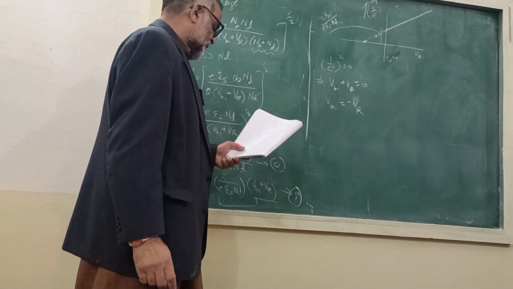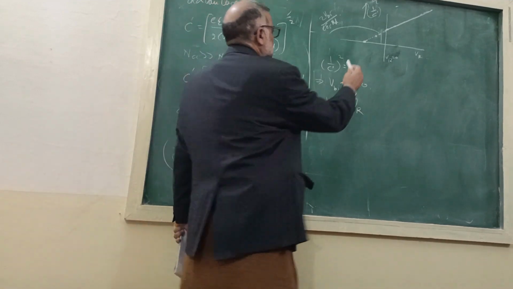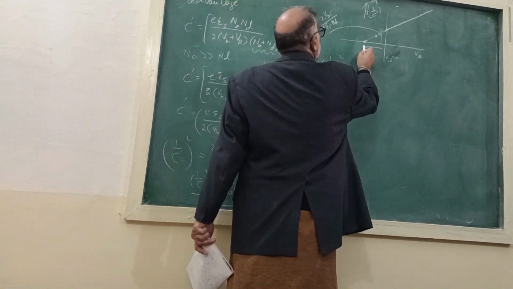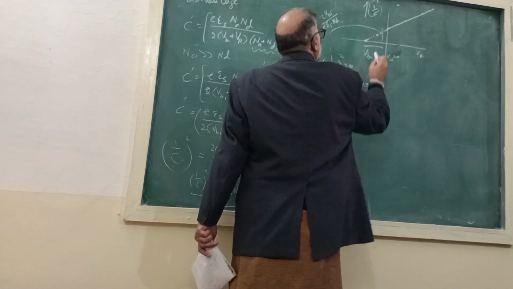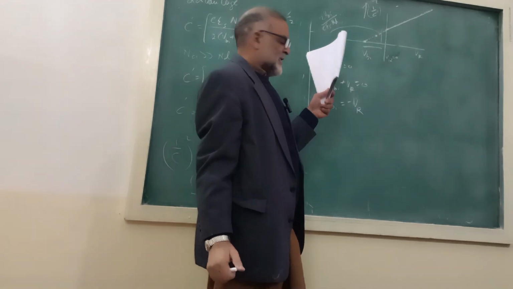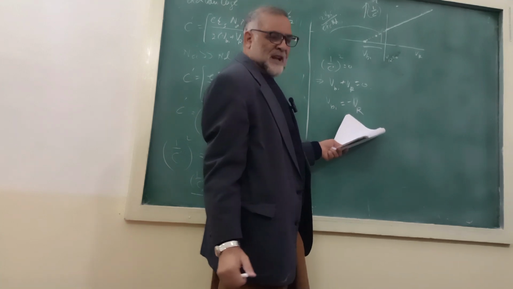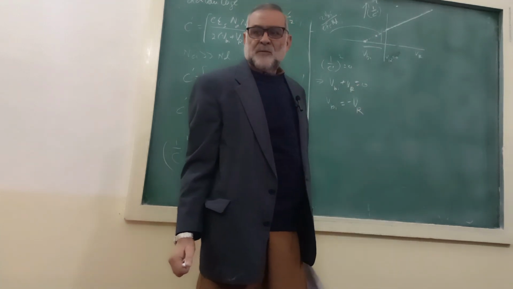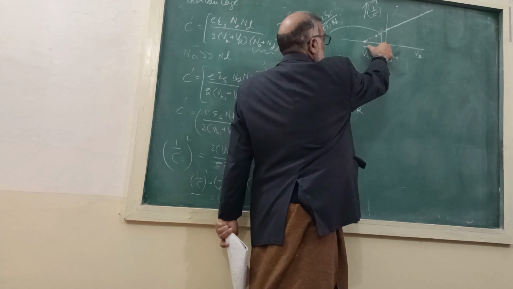So the minus VR must be the built-in potential that you measure on the graph.